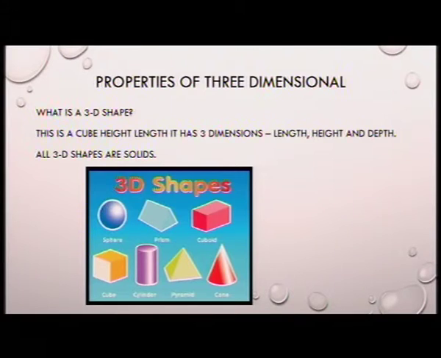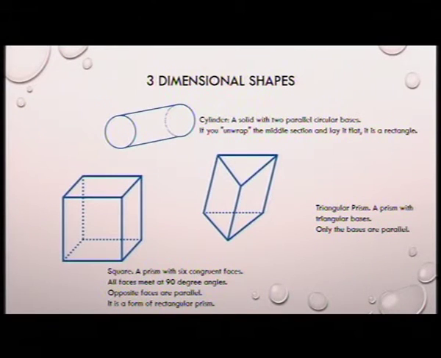And then we move over to the 3-dimensional shapes in terms of explanations of properties. For example, we have a cylinder. A cylinder is a solid with 2 parallel circular bases. If you unwrap the middle section and lay it flat, it is a rectangle.